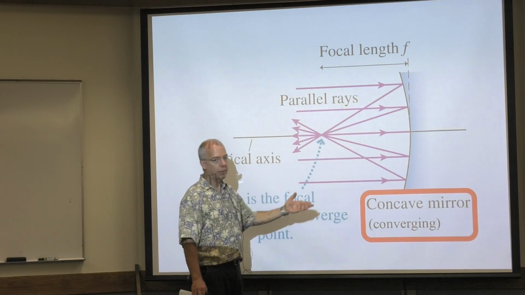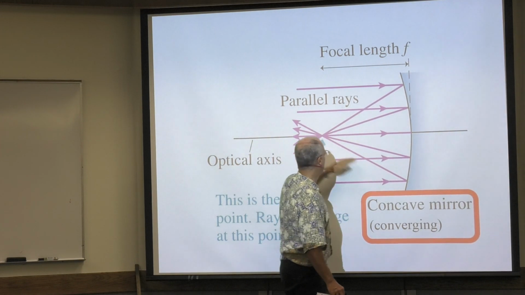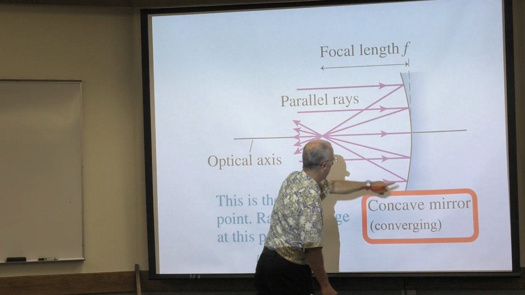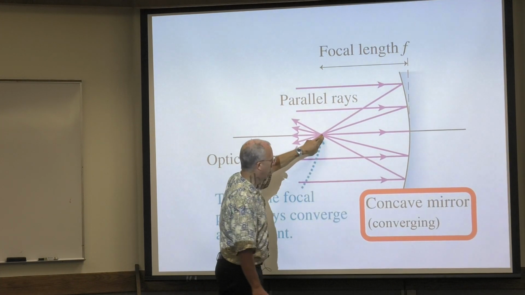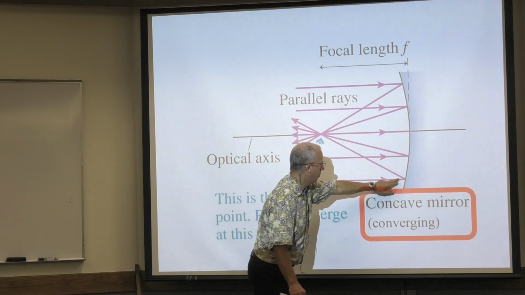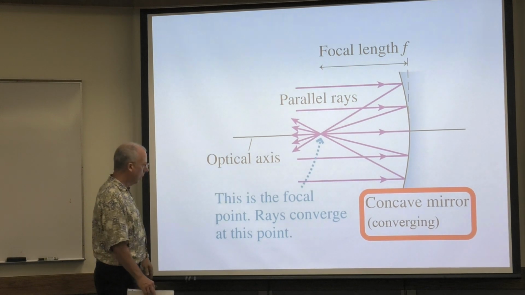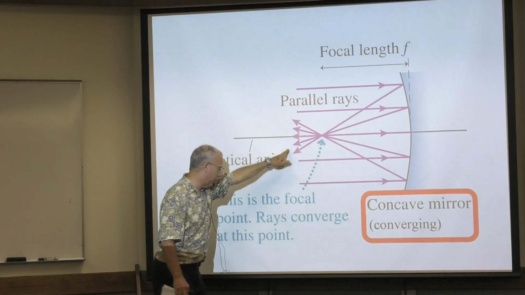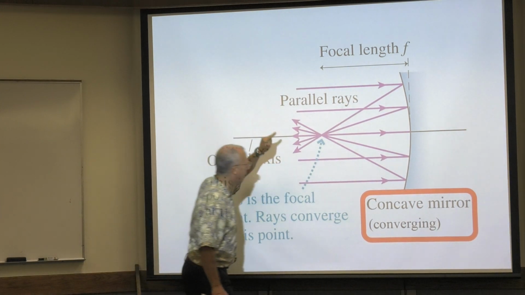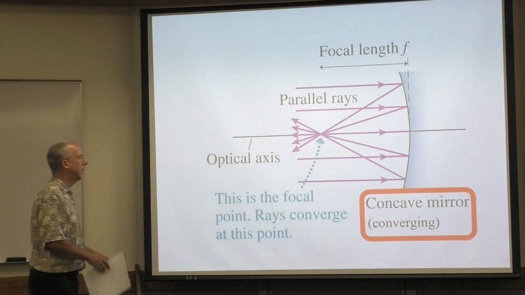Some people call it a converging mirror because all the incoming parallel rays reflect and converge, these reflected outgoing rays all converge at a point. So this is the focal point. Real rays converge at this point. So it's a concave or converging mirror, whatever you want to call it.